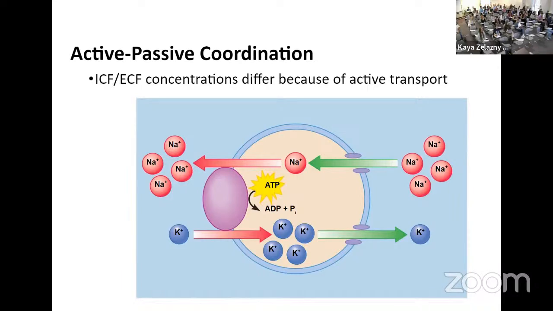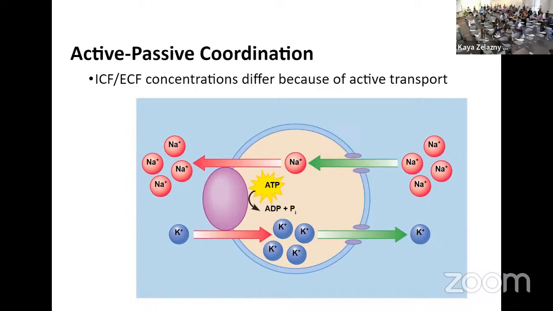So that brings us to coordination between active transport and passive transport. So when we're thinking about a whole cell, we're not going to have just one thing moving across that membrane at any moment in time. We have all sorts of cellular processes happening at once.